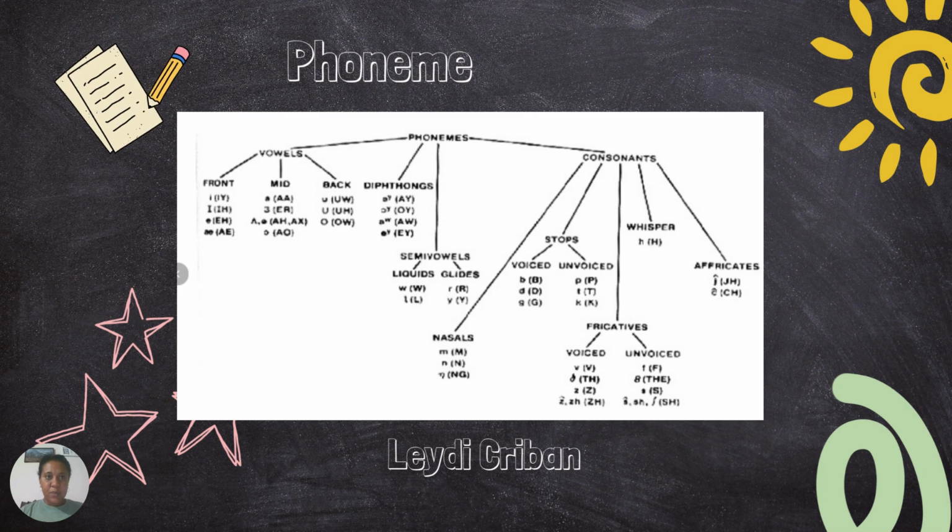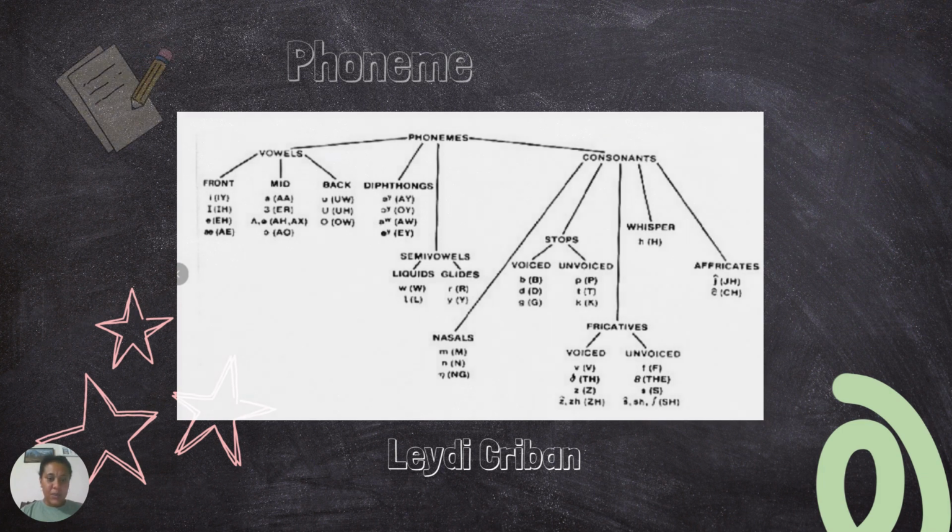Because of the position of the organs, especially the tongue, when we pronounce a word, or because of the flow of the air, the sounds can be differentiated into other classifications such as affricatives, fricatives, nasals, velar, etc.